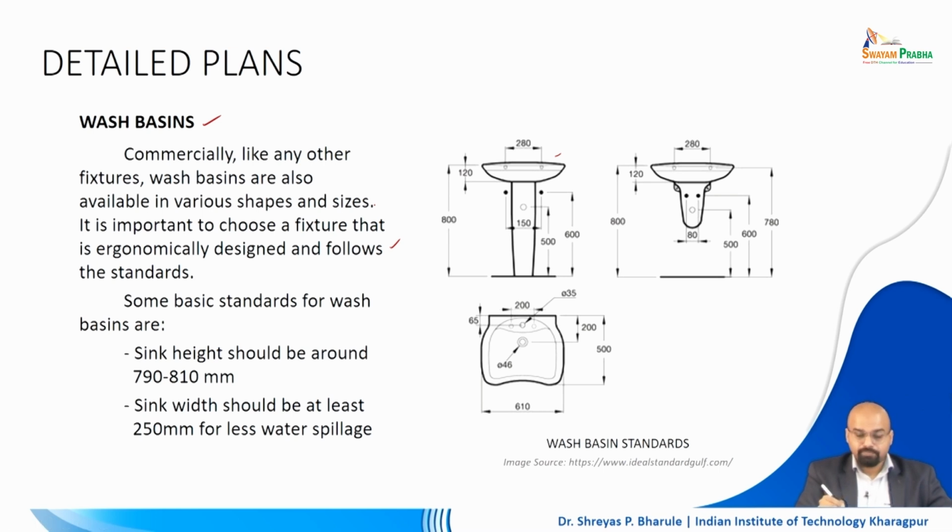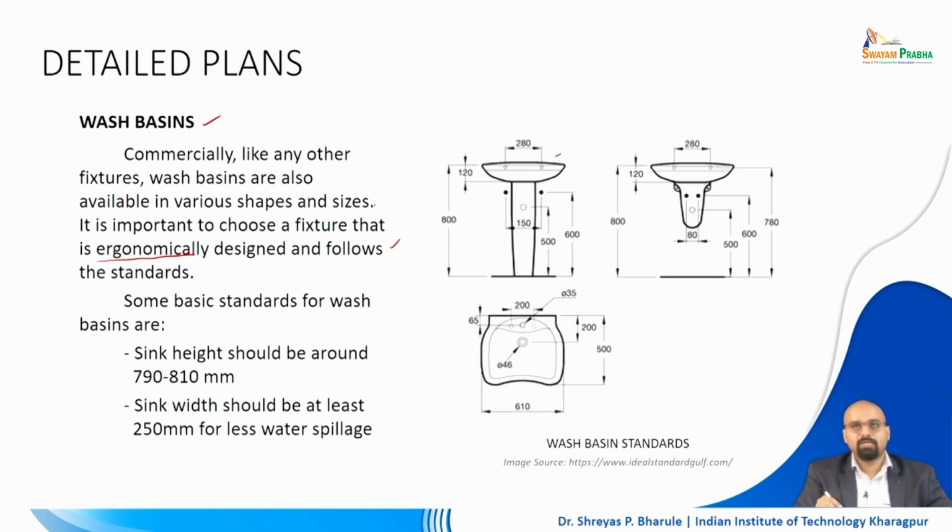For example, if you go to the European side of the world, you will probably see that wash basins are located at a higher location than they are in India. So the height at which it is placed is to be understood, and that brings in ergonomics.